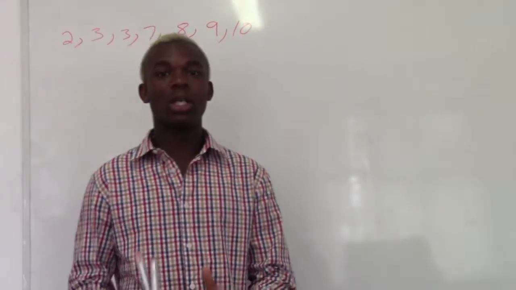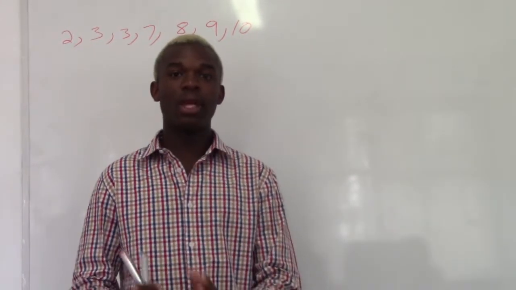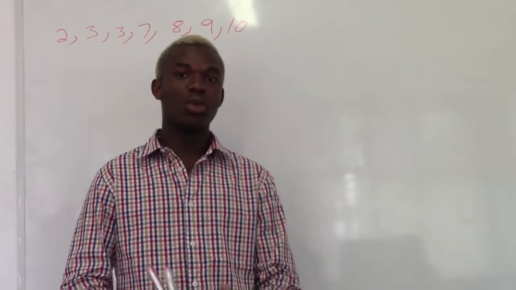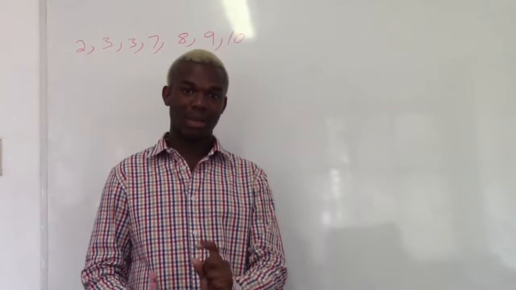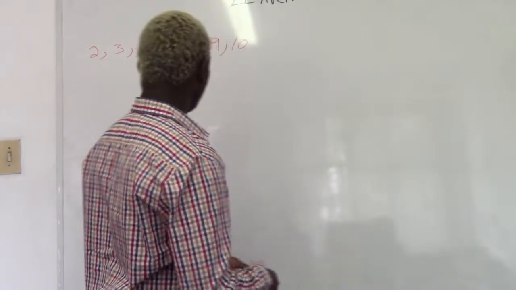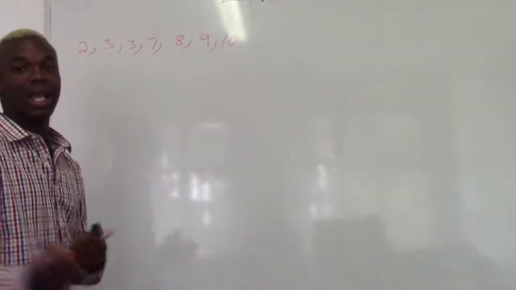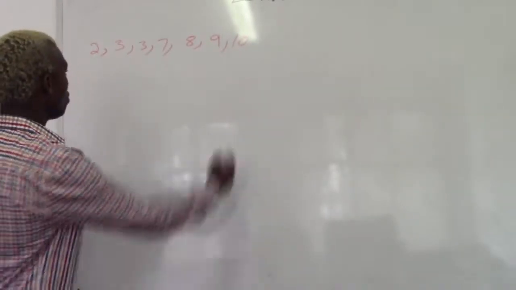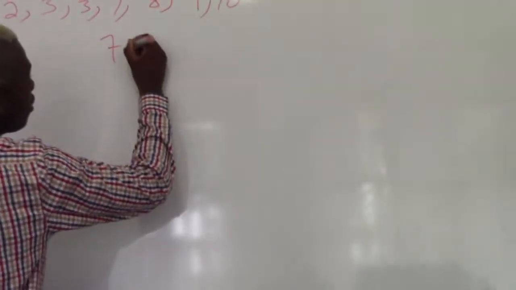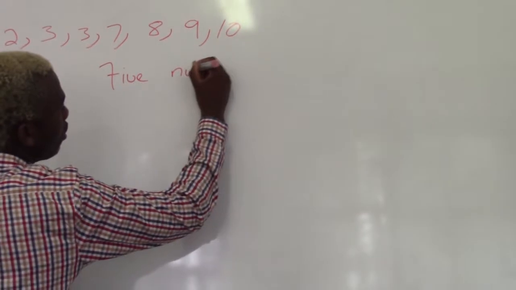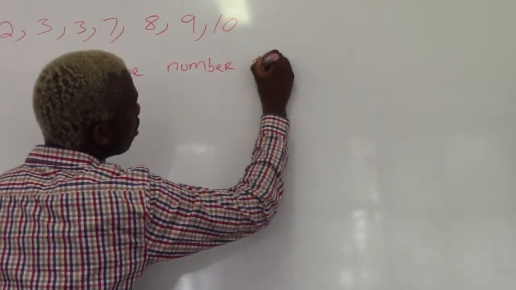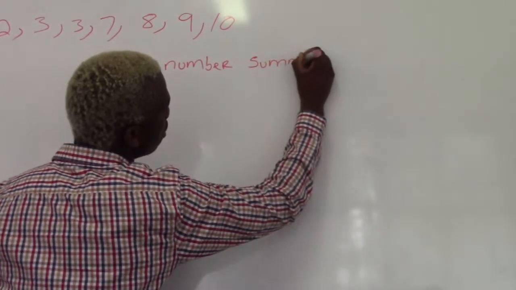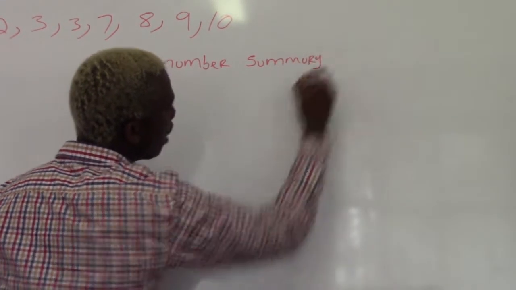So first of all, when dealing with box and whisker diagrams, we have to have the 5-number summary. Like I did in the previous video, we're going to see what the 5-number summary is.